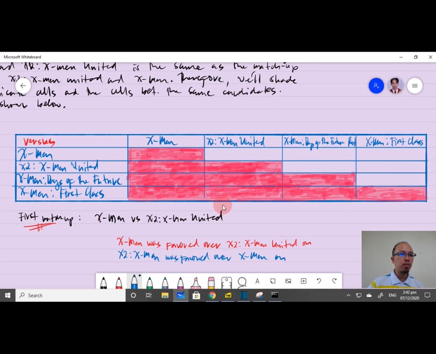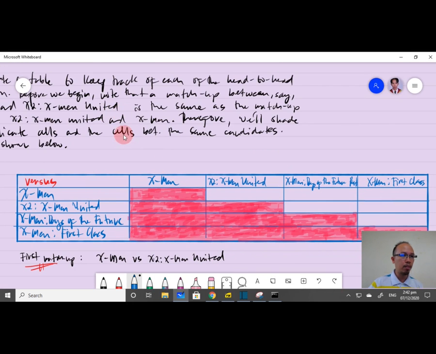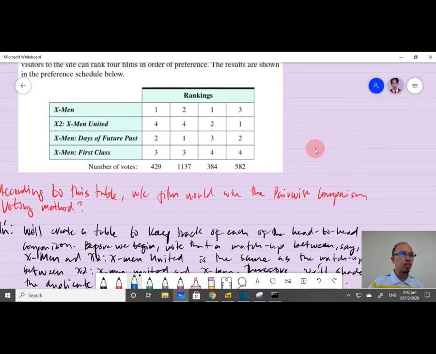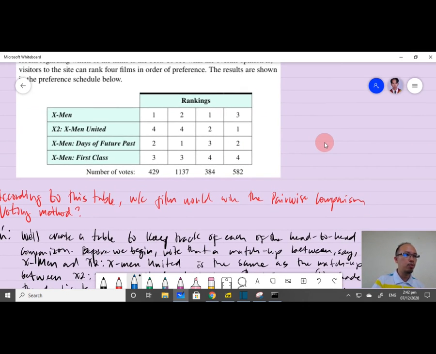So go back to your table. Look at the table, the row for X-Men and X-Men United.